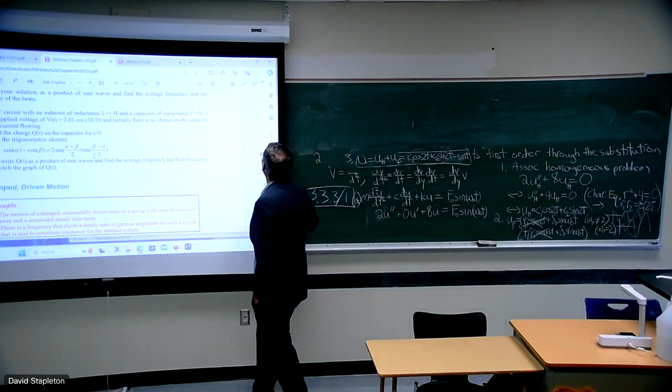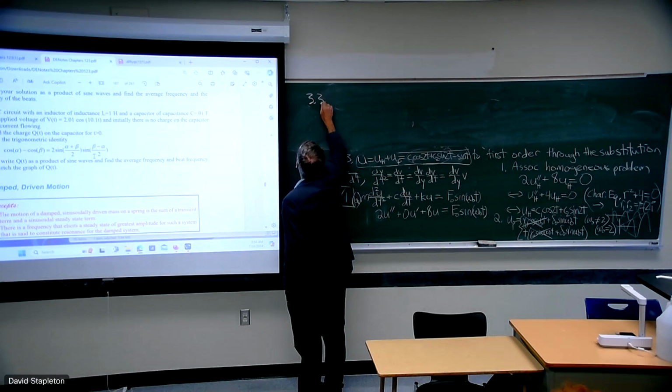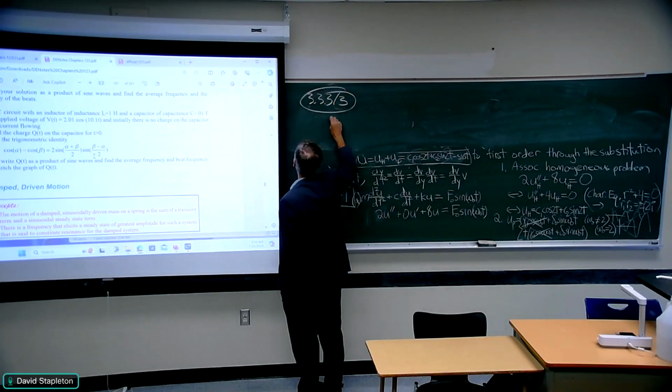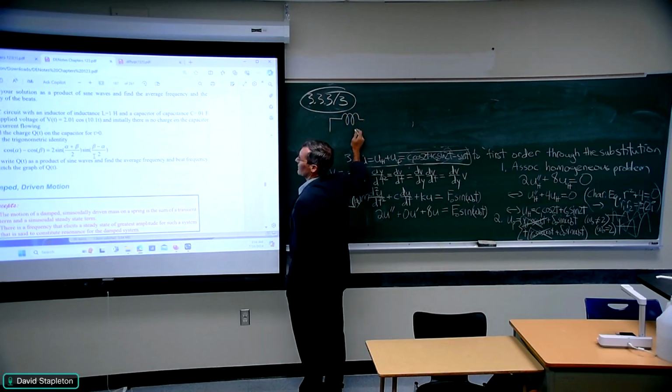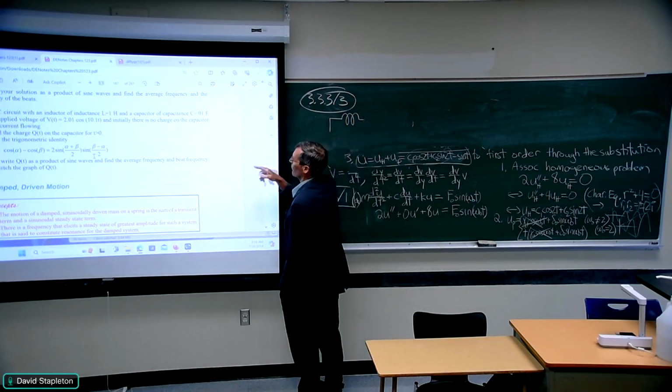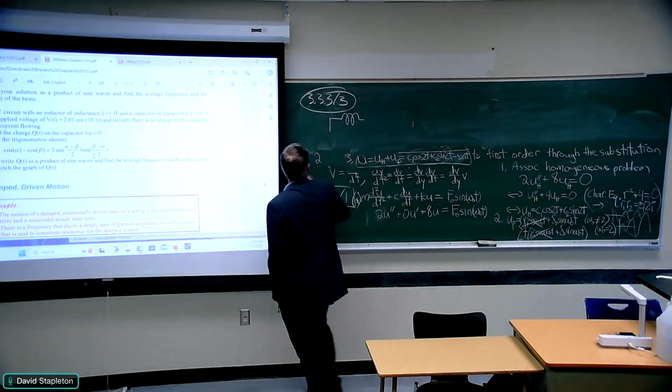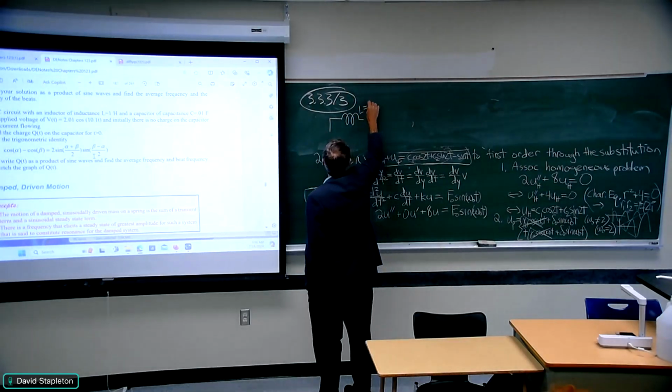So now we have an LC circuit. That means you have an inductor of inductance L, and I should have given the units last time. Henrys is the inductance unit. So I say 1H, that means 1 Henry. L equals 1.